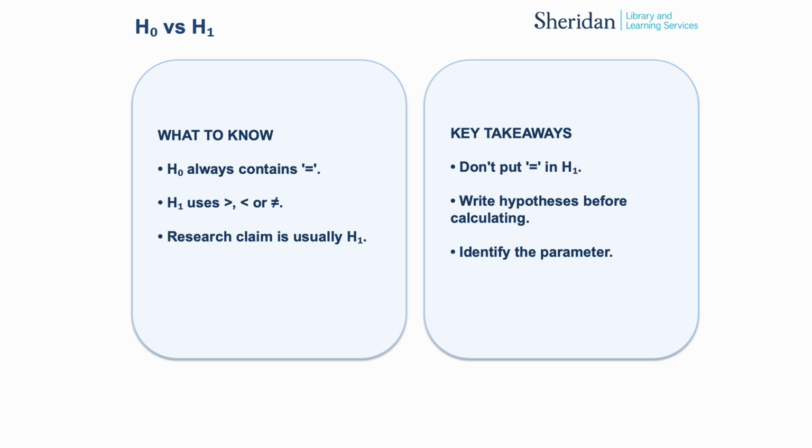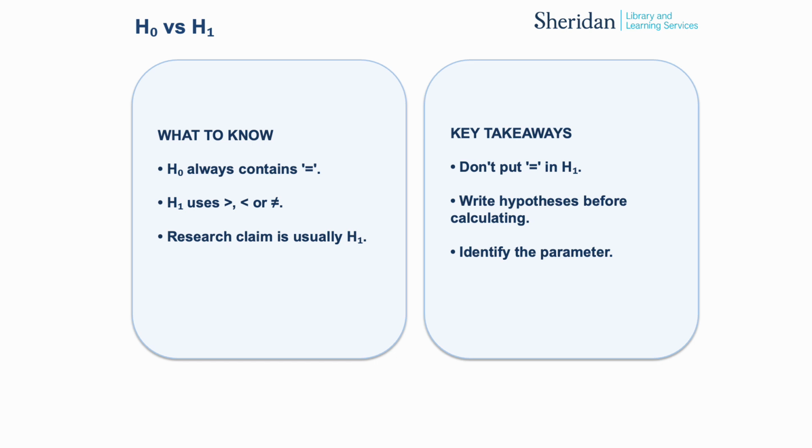Now that we understand what hypothesis testing is, let's look at the two most important components of every hypothesis test: the null hypothesis, or H0, and the alternative hypothesis, or H1. Many students find this part confusing at first, but once you understand the roles of these two hypotheses, the rest of the chapters become much easier. Let's start with the null hypothesis.